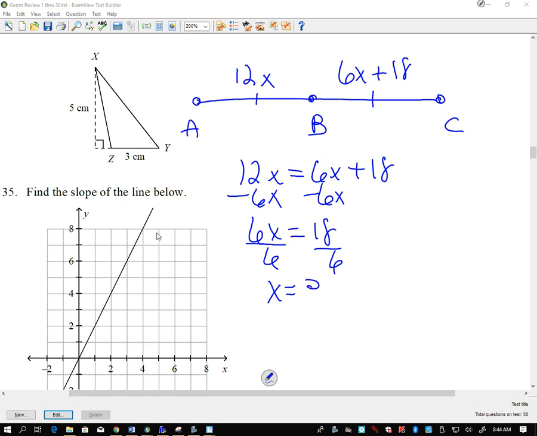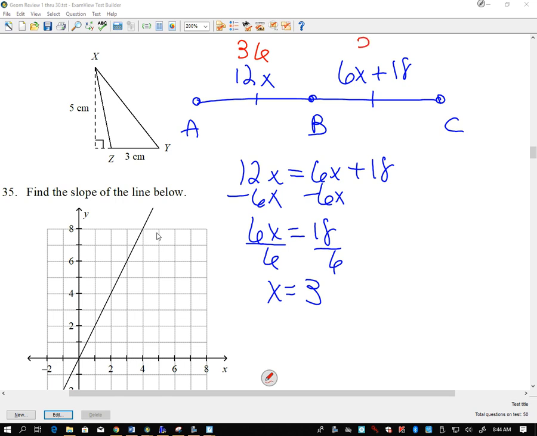3. All right, so x equals 3, but we do have to go a step beyond that, right, Jordan? What do we have to do after I know x equals 3? All right, so what's 12 times 3? 36. Okay, good. So AB is 36. BC is a little bit tougher one. Jose, do you know what 6 times 3 is? Okay, so then I get 18 and 18, right?